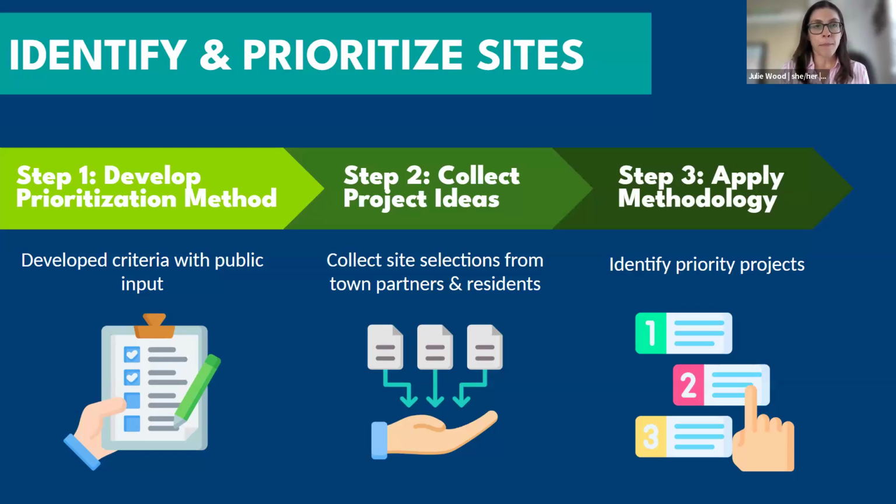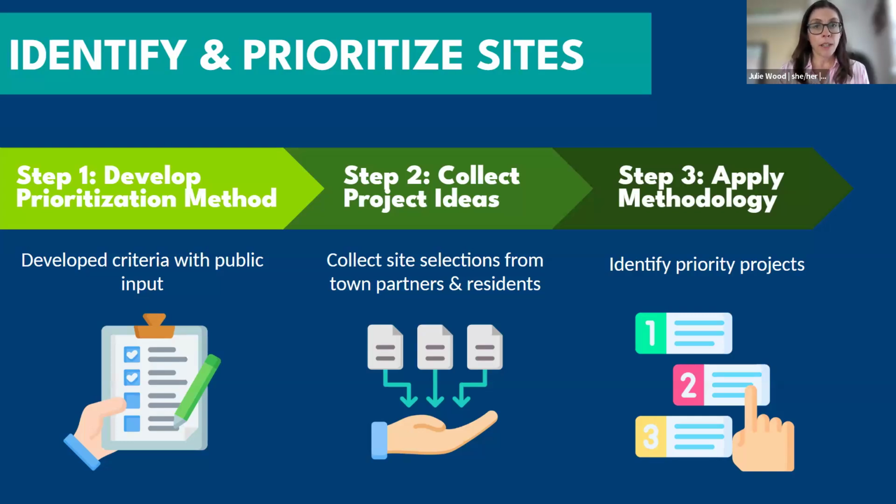First, we developed a method for picking and prioritizing sites. Obviously, across a 300 square mile watershed, there's a lot of opportunities. So we had to develop a methodology to prioritize those. And we did that based on feasibility factors, technical factors, and project priorities.